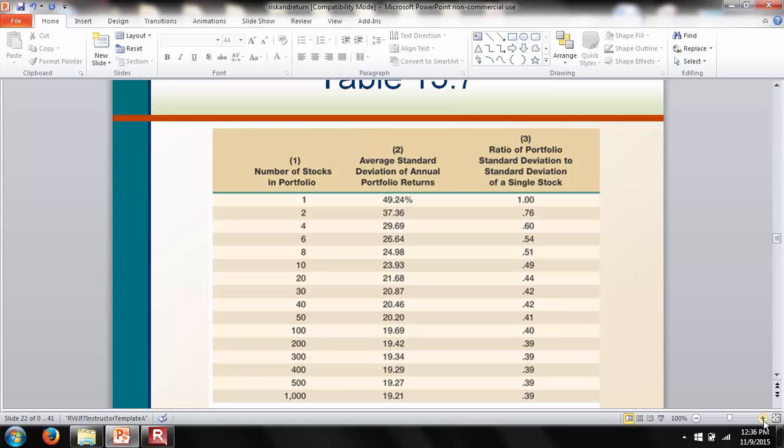So that is a decline of almost 25%. Okay. Adding two more stocks brings it down to 29.69. Okay. And what we see is that as we keep adding more, the effect is not as pronounced. So the biggest change is when we change from 1 to 2 stocks, and when we have around 30 stocks, the standard deviation becomes pretty stable, around 20%.